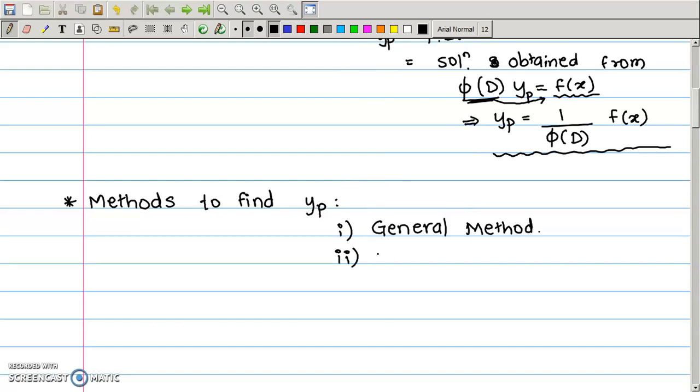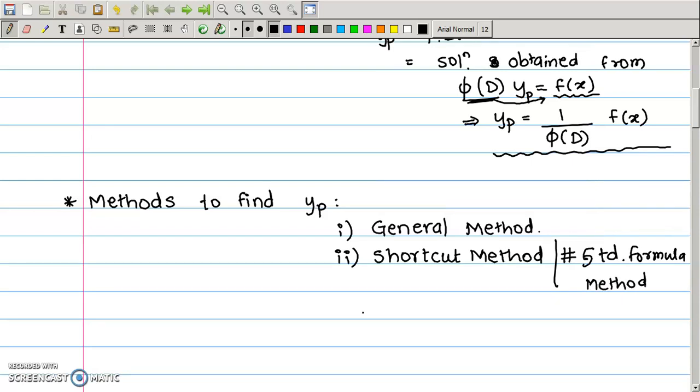Second one is shortcut method or standard formula method. If some have problem with the term shortcut method, we can call it standard formula. If our function is in standard form, then we use shortcut method. And third one is variation of parameters method.